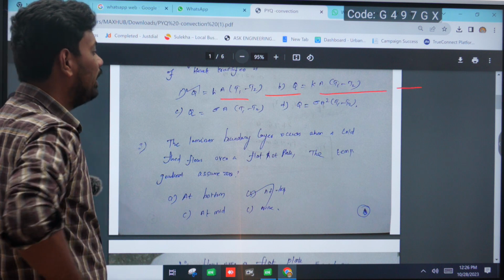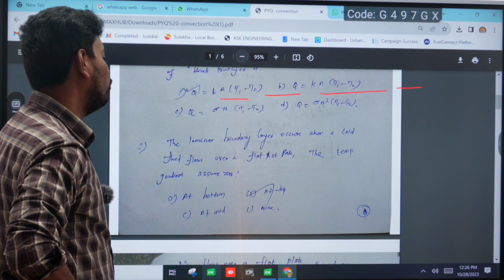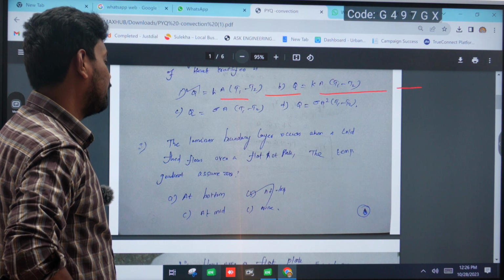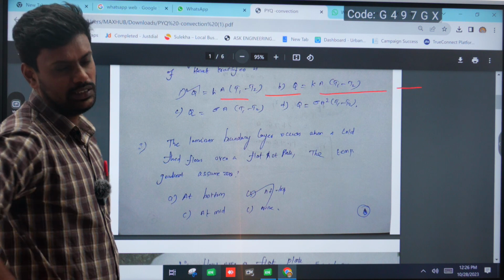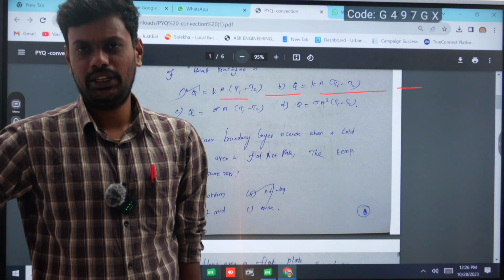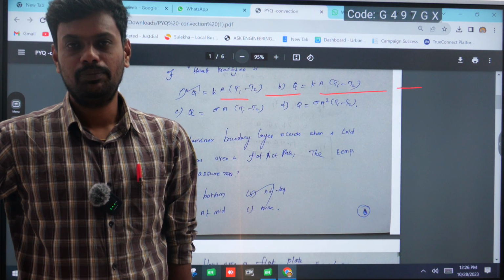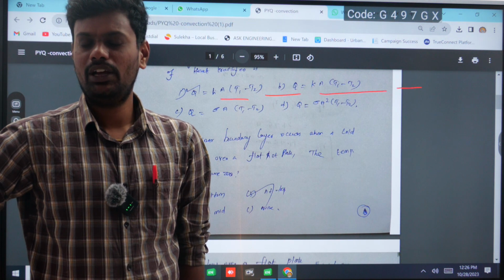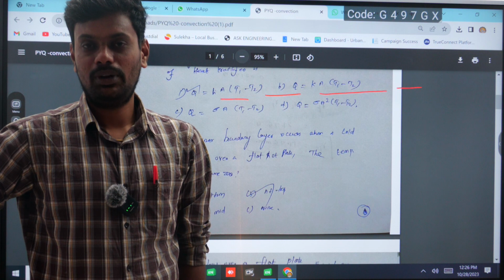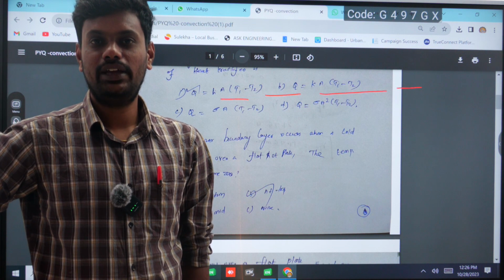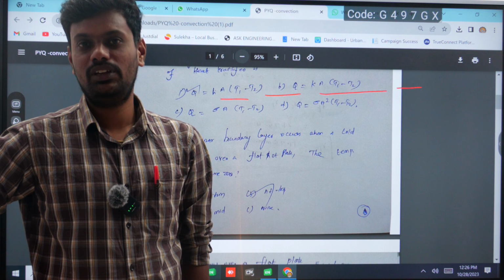The laminar boundary layer occurs when a cold fluid flows over a flat hot plate. The temperature gradient is assumed as 0. So what is this? Something different. You have to now go for some theory to understand this question. Okay, so in our topic, laminar boundary layer, or hydrodynamic boundary layer or velocity boundary layer, is not given in the syllabus.